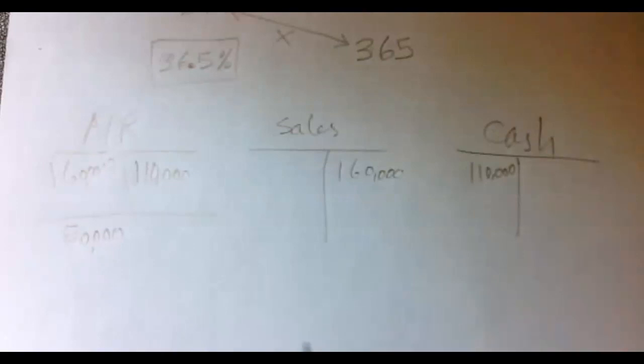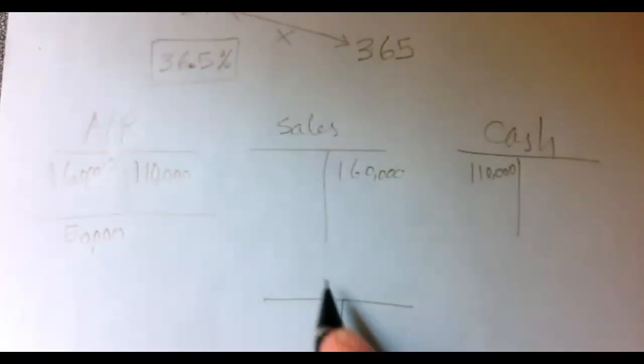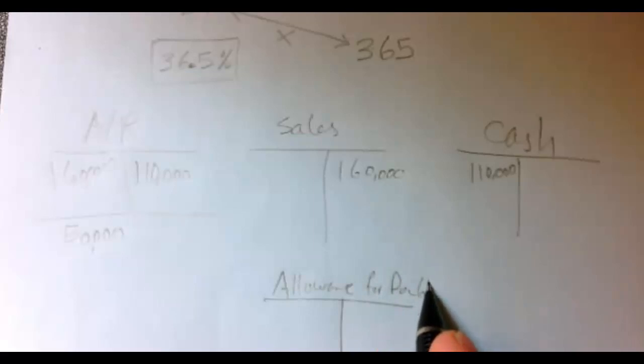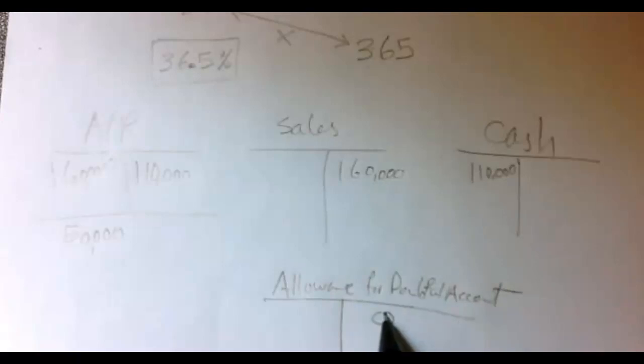And by the way, because this is a new company, the allowance for doubtful account has a zero balance. Why zero balance? Because as I said at the beginning, it's a brand new company. So there is nothing in allowance for doubtful account. And that's a very important piece of information.